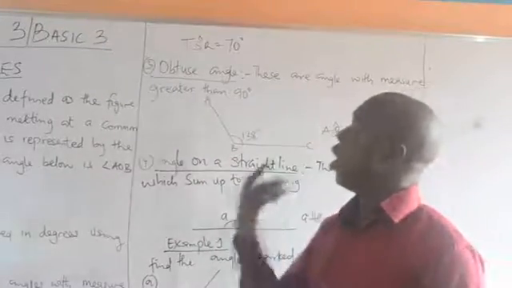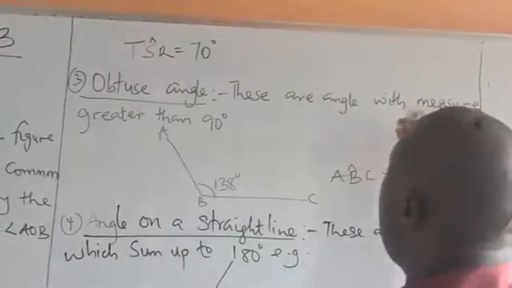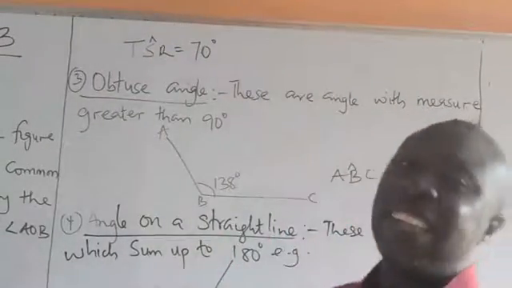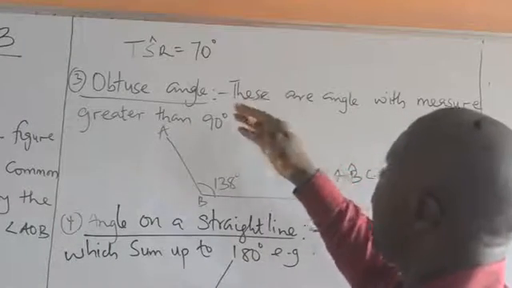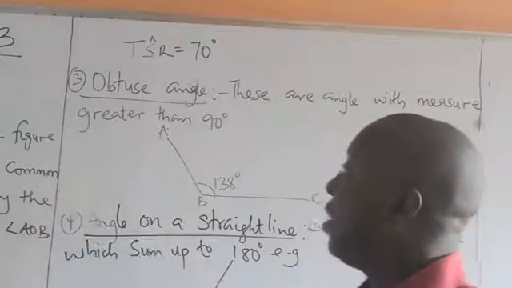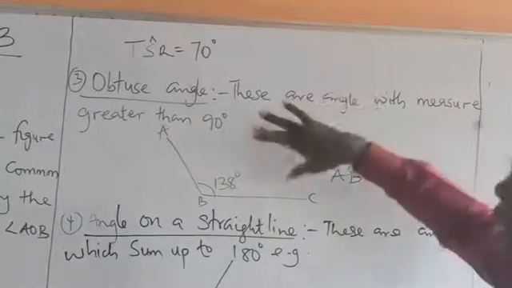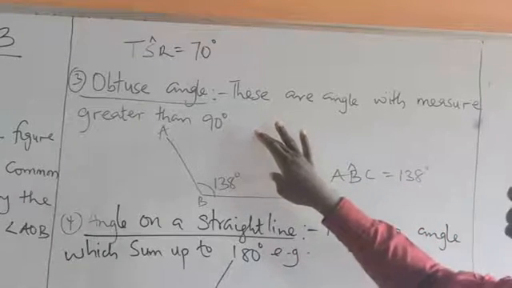Then we'll talk about the obtuse angle. Obtuse angles are angles with measures greater than 90 degrees. So this is an example of an obtuse angle.